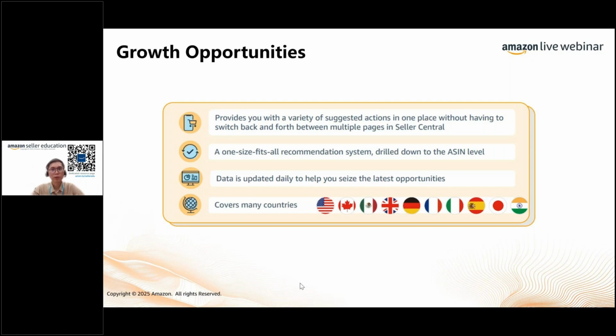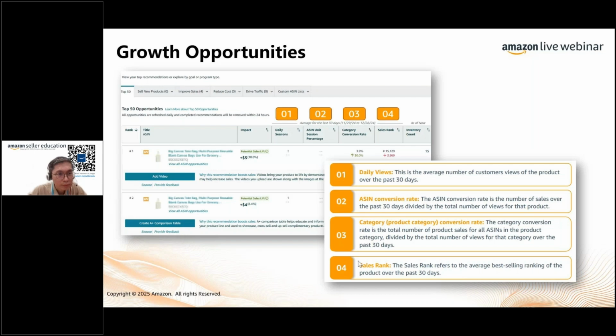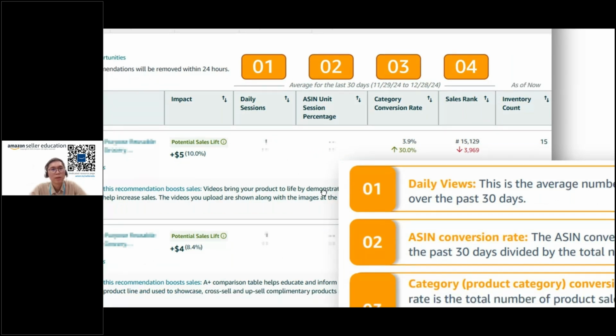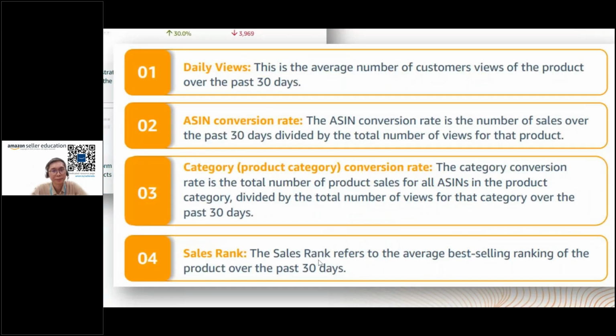In the growth opportunity page, these are the things you can see. I'm going to zoom in for you. You can see things like daily views, ASIN conversion rate, category conversion rate, and the sales rank.